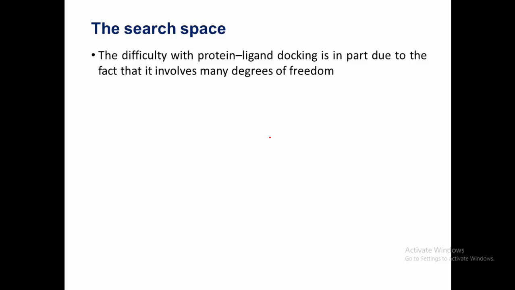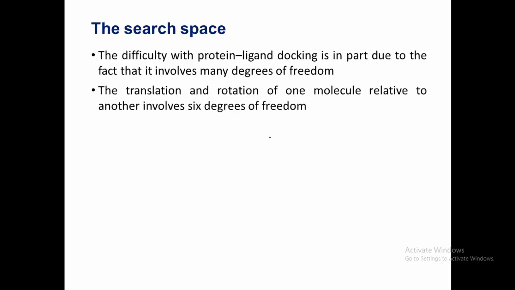The difficulty with protein-ligand docking is in part due to the fact that it involves many degrees of freedom. Degrees of freedom means the possibility of the molecule to rotate, to move, to translate, and so on.